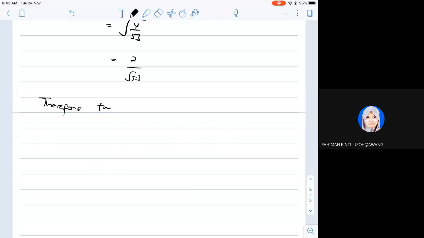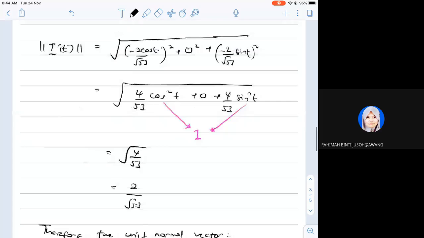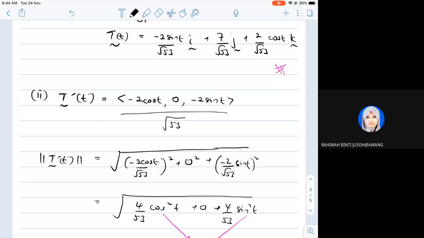Okay, therefore, the unit normal vector N(t) equals T prime t divided by the magnitude of T prime t. So we will have T prime t, this one.